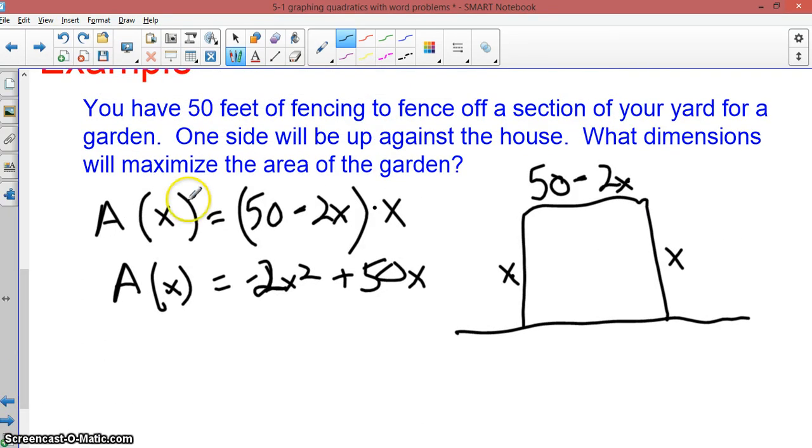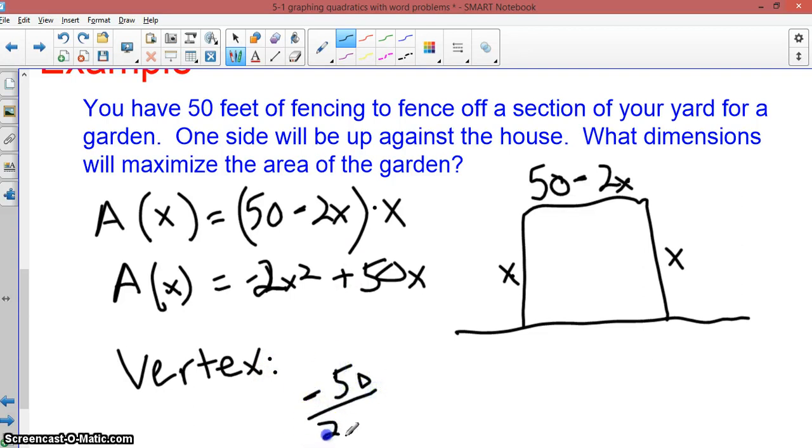The vertex is always at negative b over 2a. So negative 50 over 2 times negative 2. So it's negative 50 over negative 4, which is 12.5.